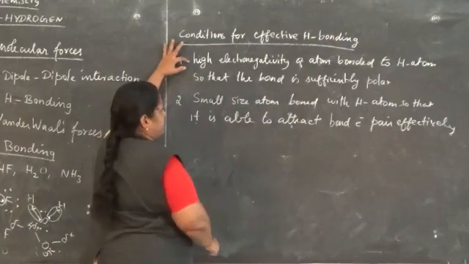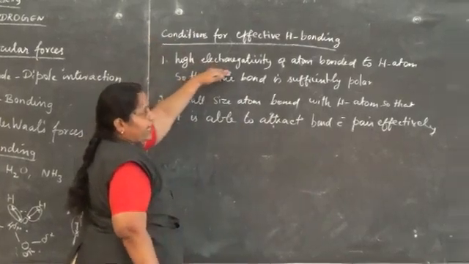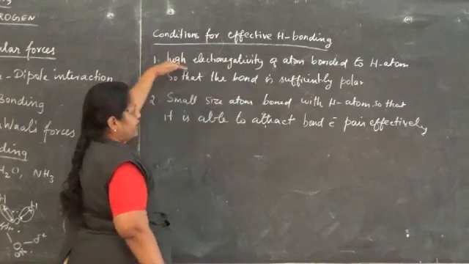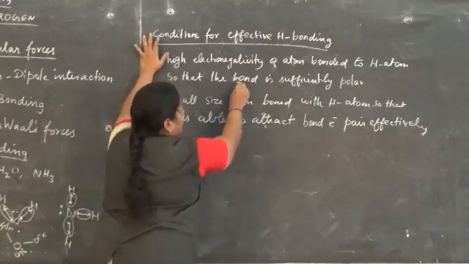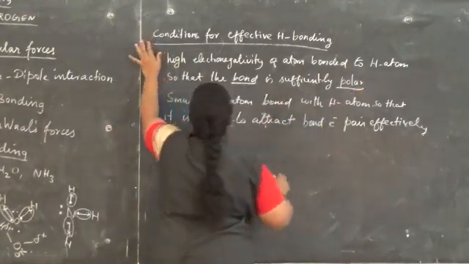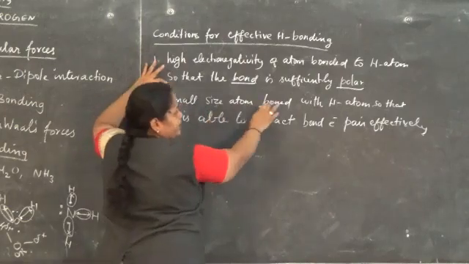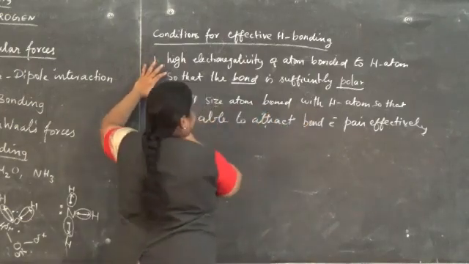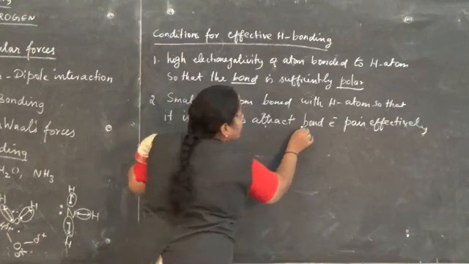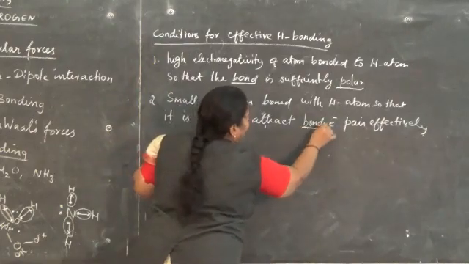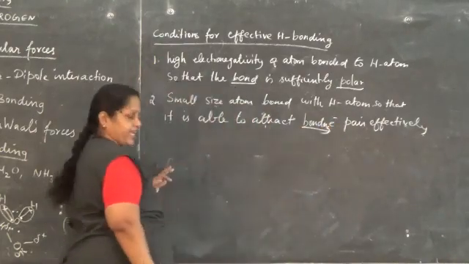High electronegativity of the atom bonded to the hydrogen atom makes the bond polar in nature. A small size atom bonded with hydrogen is able to attract the bonding electron pair effectively.